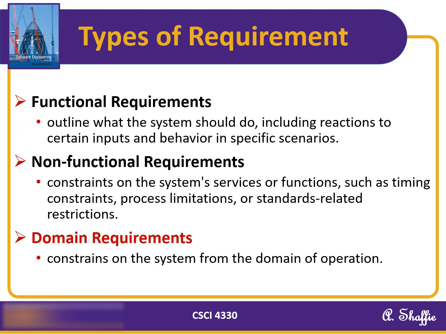We have divided the requirements into two categories, system requirements and user requirements. From another perspective, we can divide the requirements into two categories, functional requirements and non-functional requirements. Functional requirements outline what the system should do, including reaction to certain inputs and the behavior in specific scenarios.